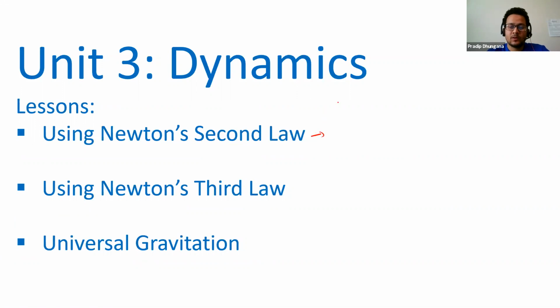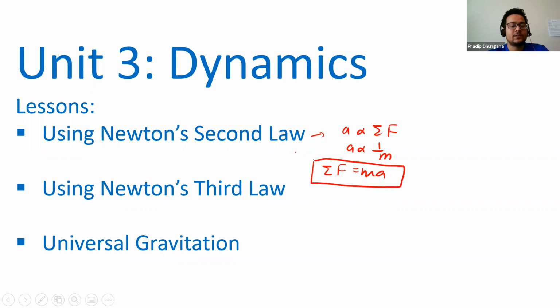Whenever we apply a certain force to an object, the acceleration produced on that object is directly proportional to the net force and inversely proportional to the mass. And if we combine those two, we get net force is equal to mass times acceleration. That is all about Newton's second law of motion.